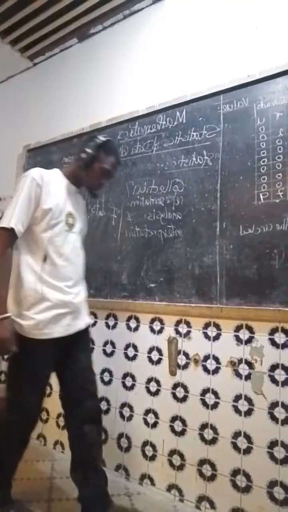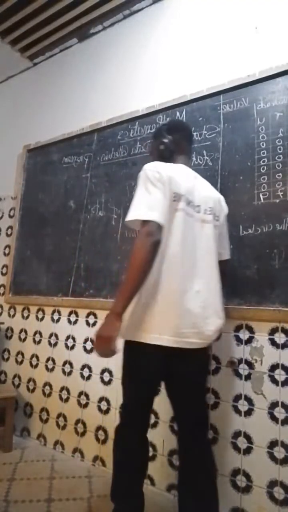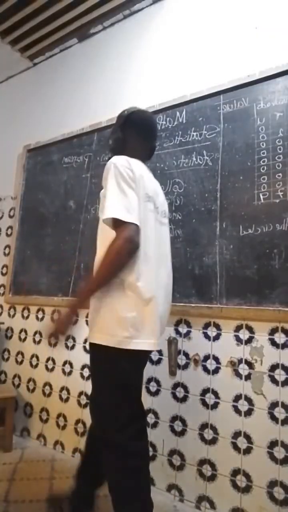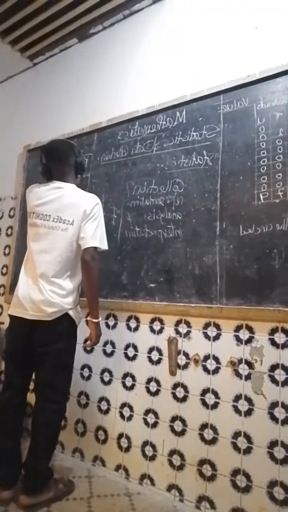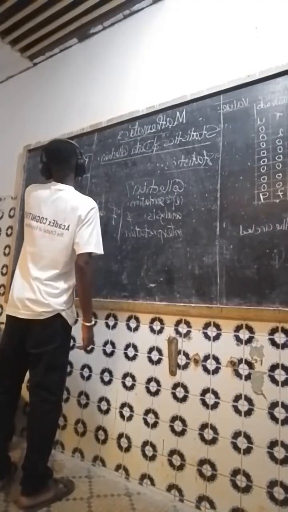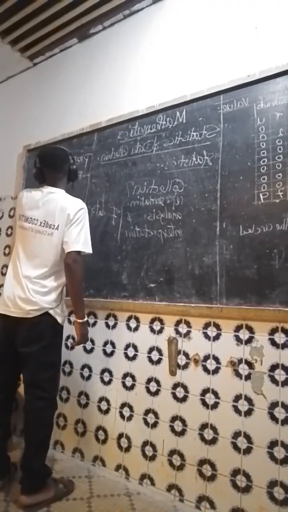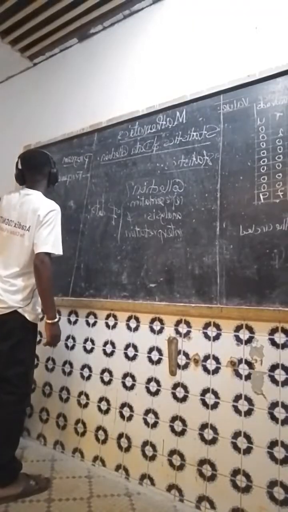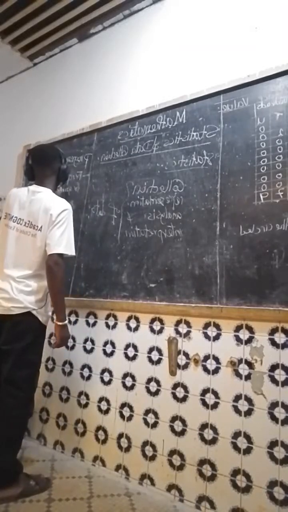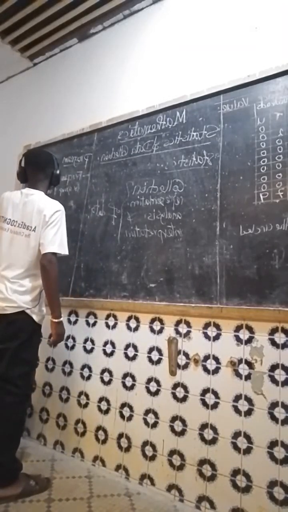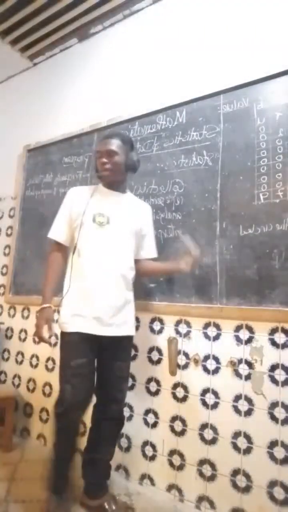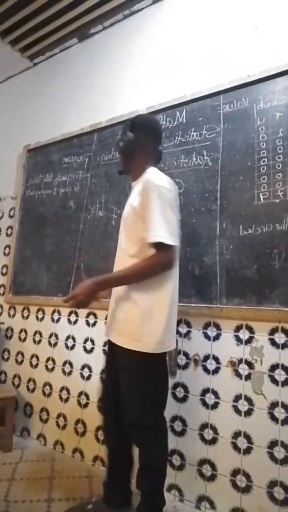First one, first thing first, the frequency tally table for grouped and ungrouped data.